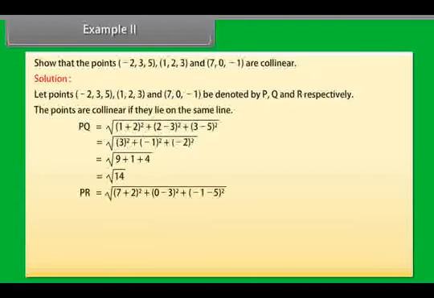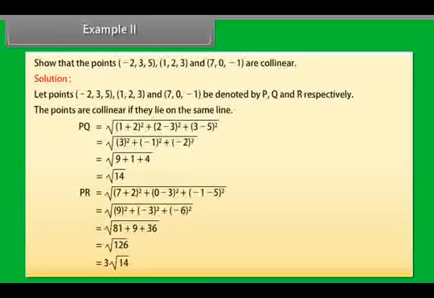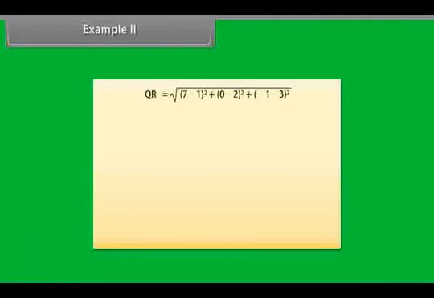PR is equal to square root of 7 plus 2 square plus 0 minus 3 square plus minus 1 minus 5 square. After calculating PR, we get 3 into square root of 14. QR is equal to square root of 7 minus 1 square plus 0 minus 2 square plus minus 1 minus 3 square.